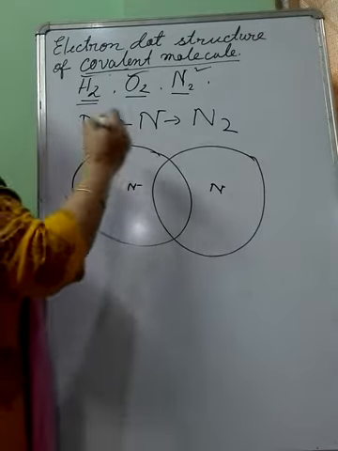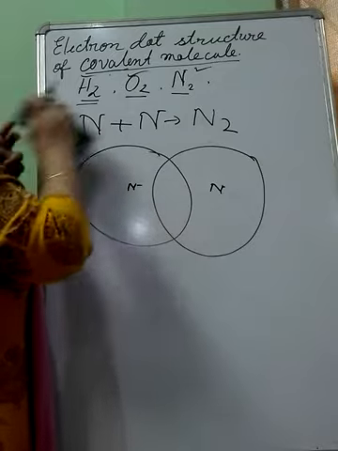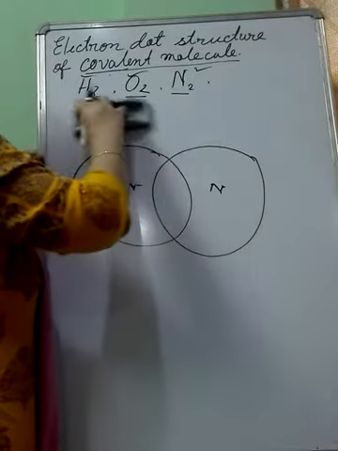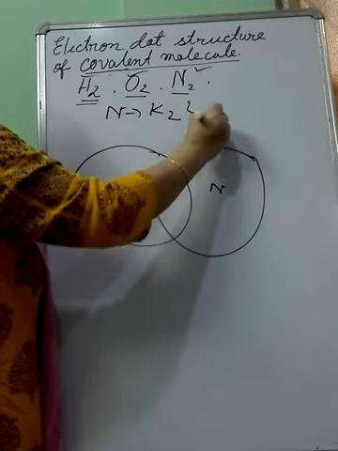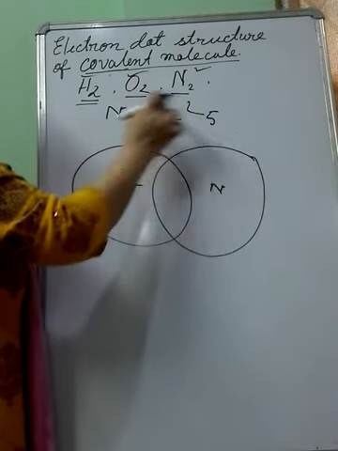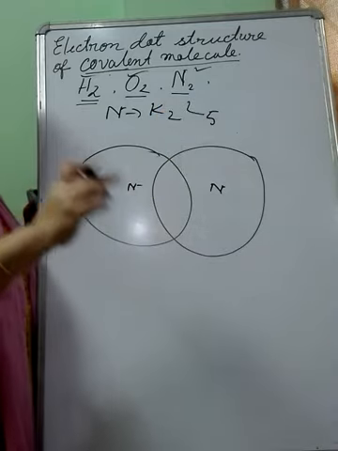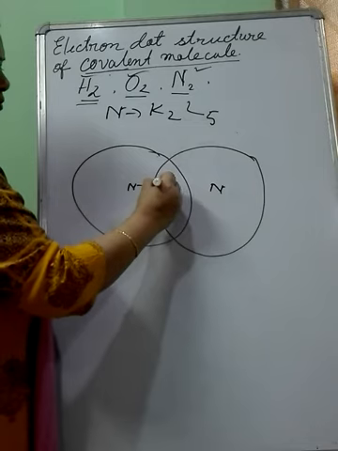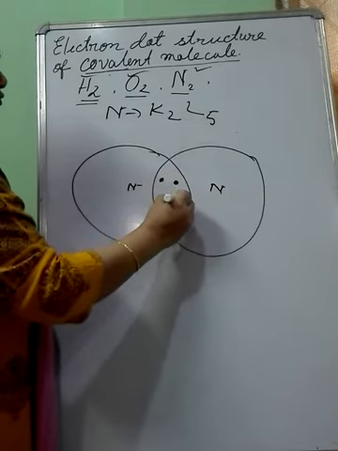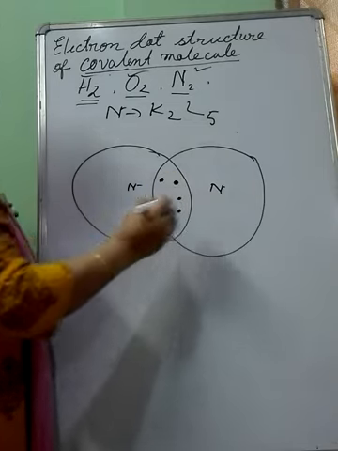Now from the 5 electron of the outermost cell, each nitrogen will share 3 electron, means total 6 electron. So I am giving with the help of 3 pair, 1, 2, 3, 4, 5, 6.